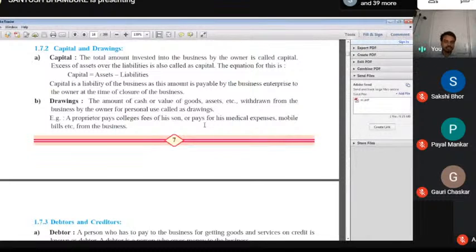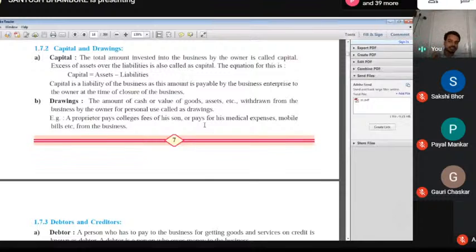If I say amount deposited into business by the proprietor, is it right or wrong? Right. So any certain amount, total amount invested or deposited into the business by the owner, that is what we call capital.